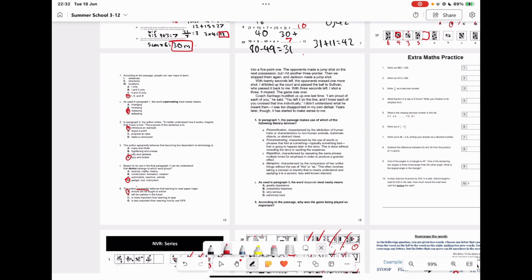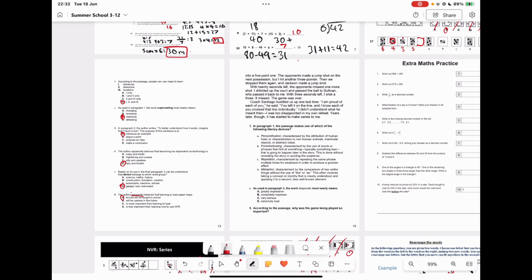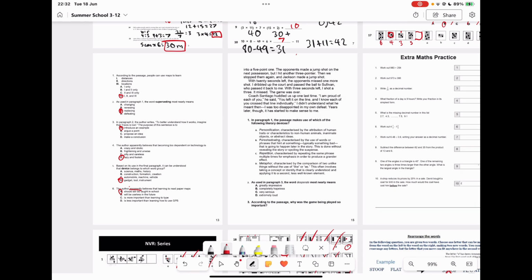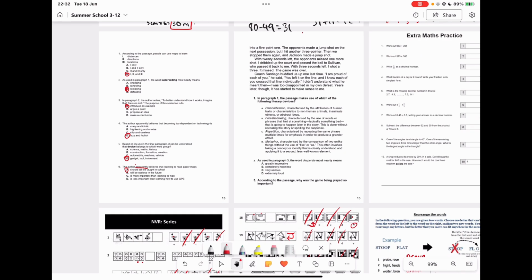Coach Santiago huddled us up one last time. I am proud of each of you, he said. You left it on the line, and I know each of you crossed that line individually. I didn't understand what he meant then. I was too disappointed in my own defeat. Years later, though, it had started to make sense to me.